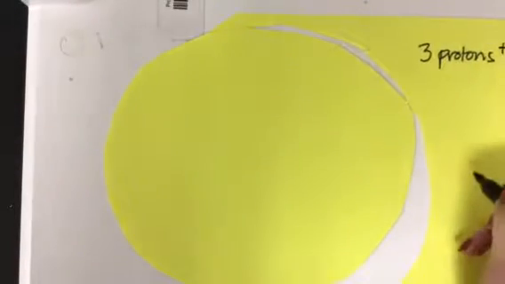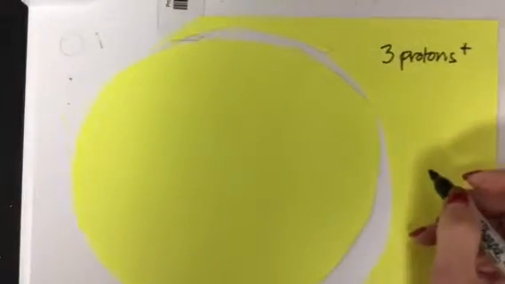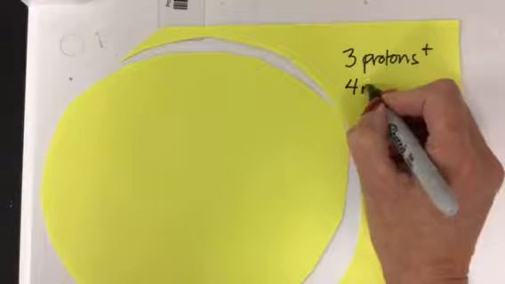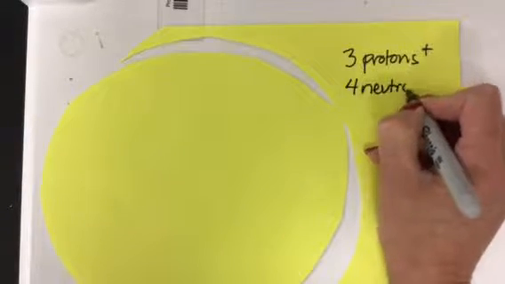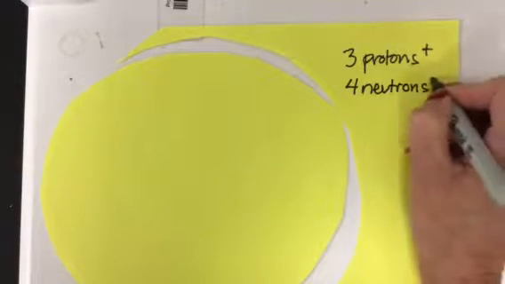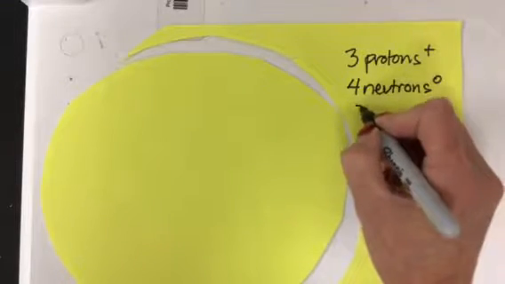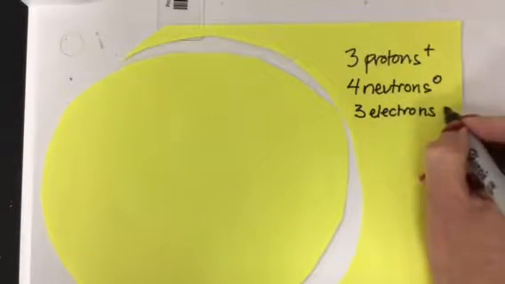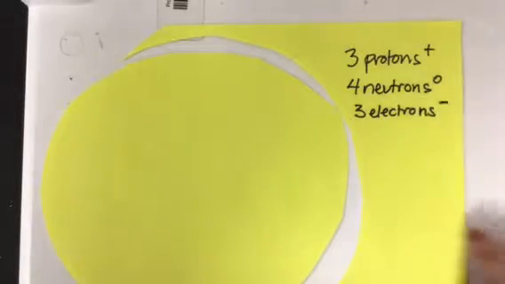It has a positive charge. This atom has 4 neutrons. And remember, neutrons are neutral with no charge. And it has 3 electrons. And electrons have a negative charge.